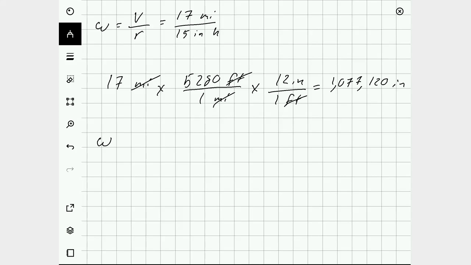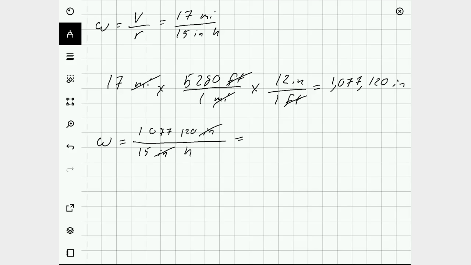So omega is 1,077,120 inches over 15 inches times hours. The inches will cancel each other out.